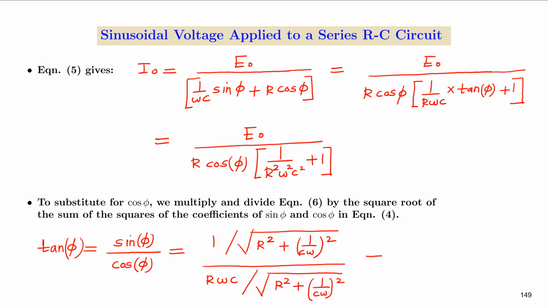From where we'll get cos phi as equal to r omega c divided by square root of r square plus (1 by c omega) the whole square.